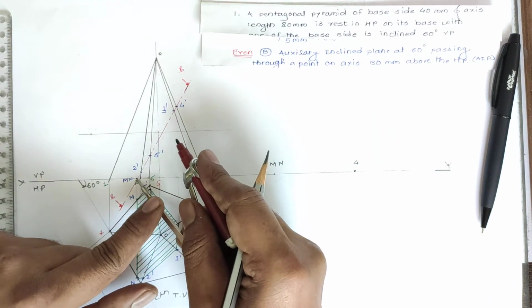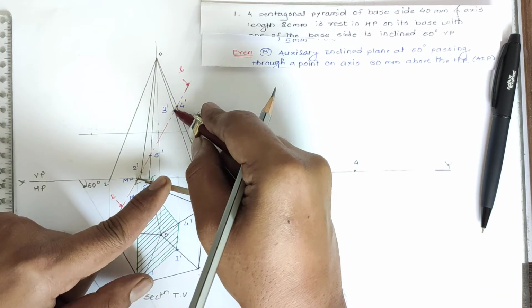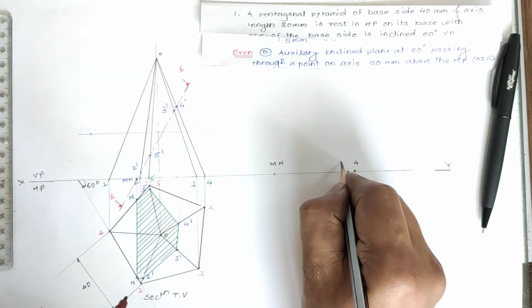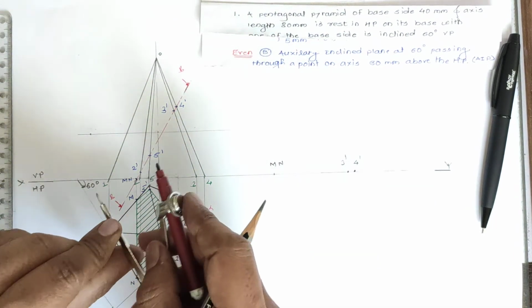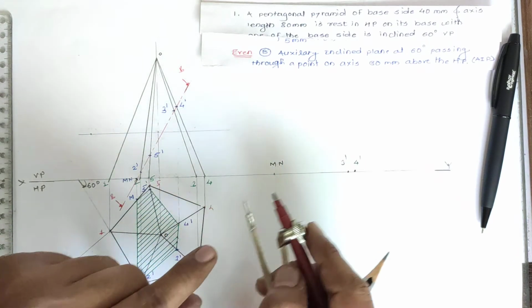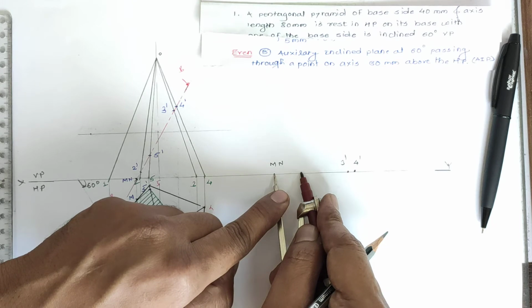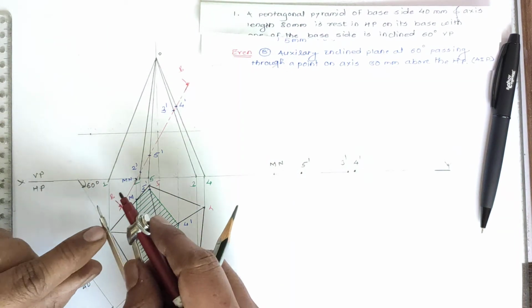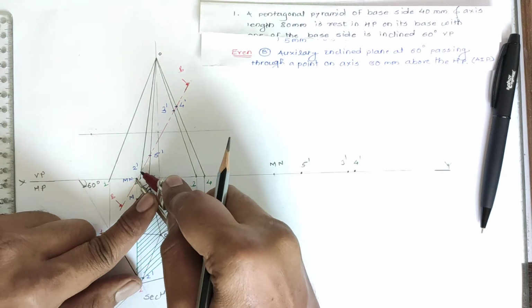Similar way we can mark all the points: point 3, 3 dash, point 5 dash, and finally 2 dash.